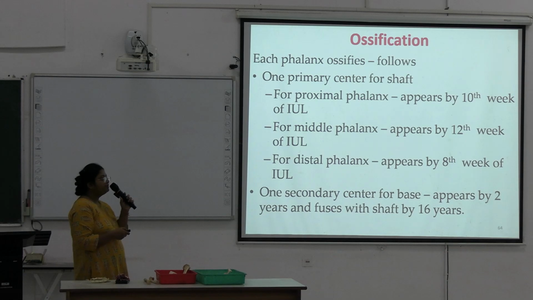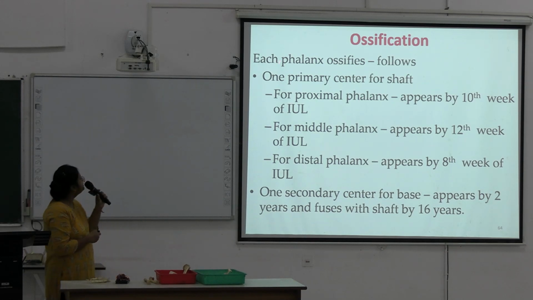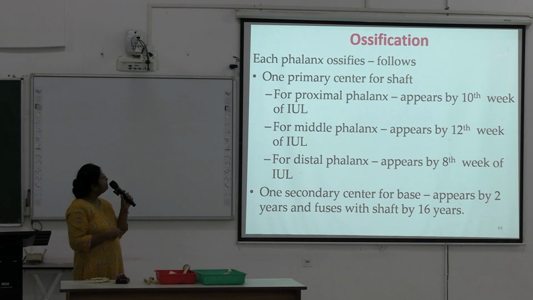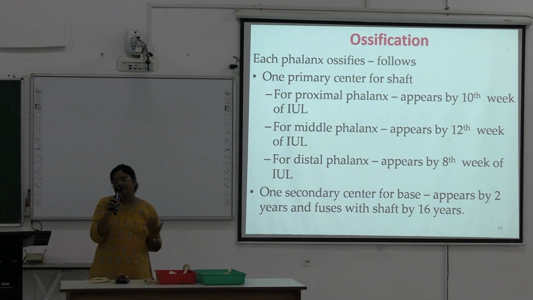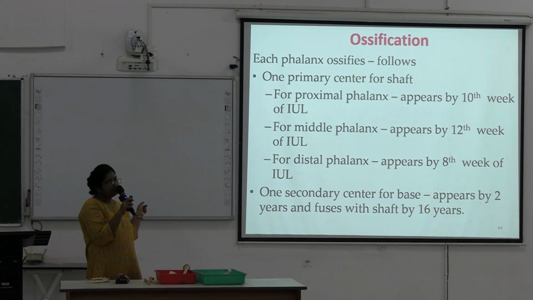Next we will go to the ossification of the phalanx. Each phalanx ossifies from one primary center for the shaft and one secondary center for the base. So remember carefully, in the X-ray of a child, you can see the secondary center for the phalanx is located near its base.